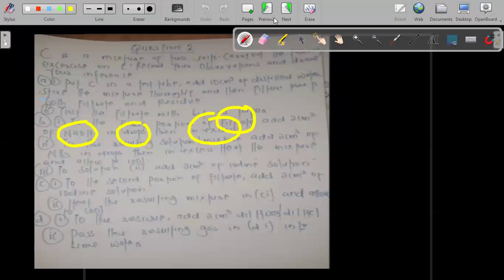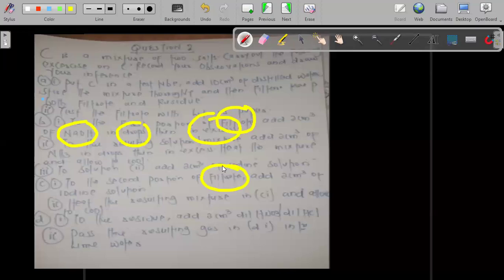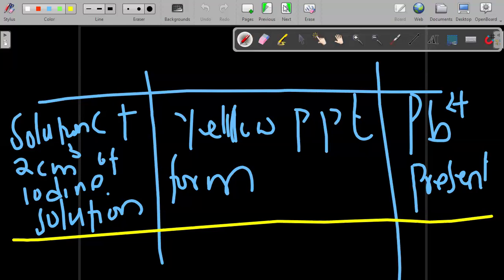So we are going to question C. The second portion of solution associated with solution C. Sorry, hold on. If you are using this, that means you also heat it, plus heat.